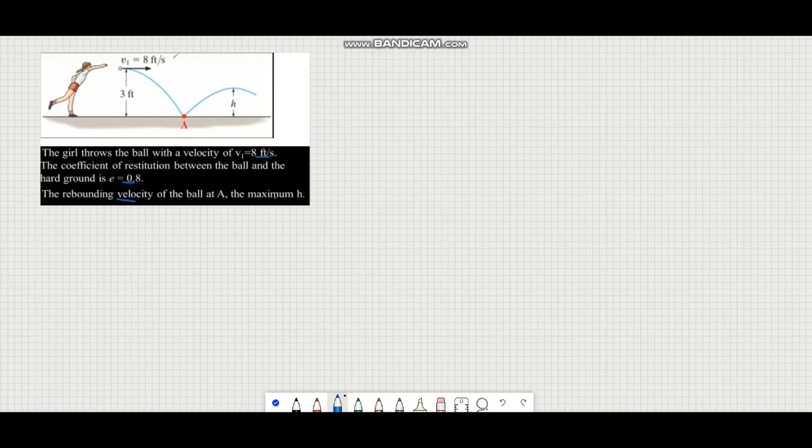Okay, so we know that in x direction there is no effect changing the velocity after the collision. So v1x is going to be equal to v2x, which is after collision. Both of them are 8 feet per second.